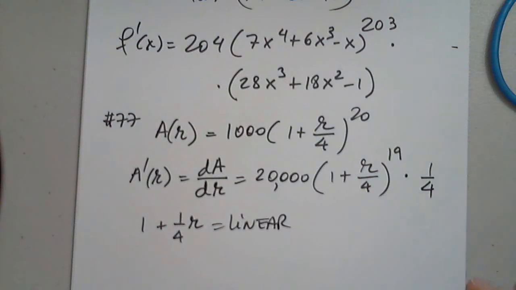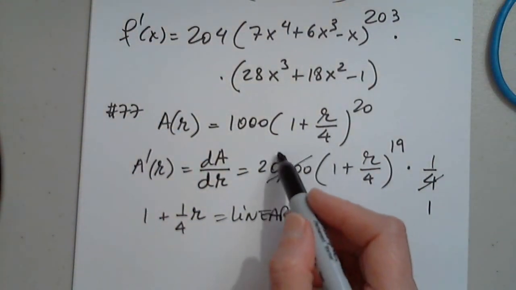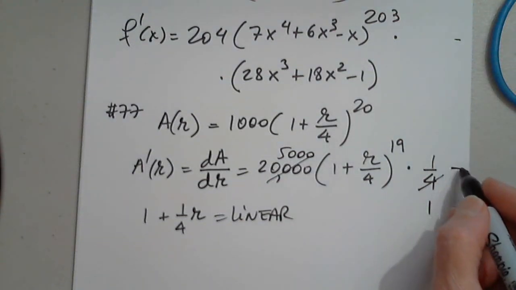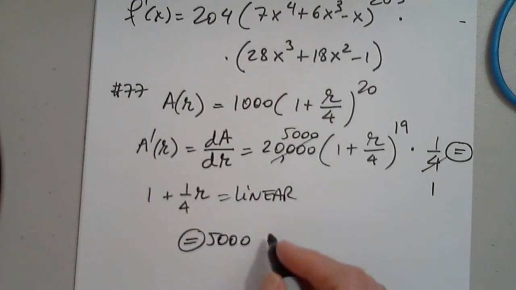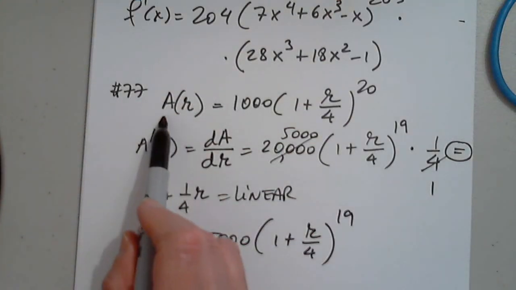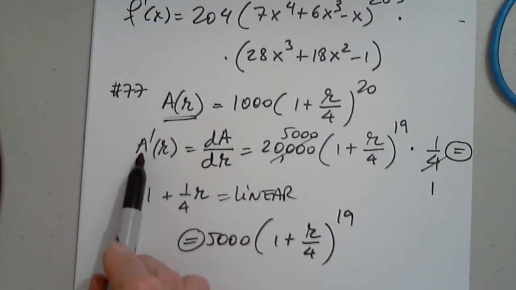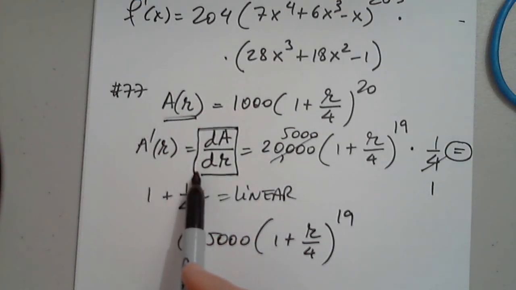One-fourth. Thank you very much. Awesome. So I'll simplify. And I have 5,000 here. So I will continue with 5,000. And in parentheses, 1 plus r over 4 to the power 19. So this is the derivative of this function, either A prime of r or the Leibniz notation dA over dr.